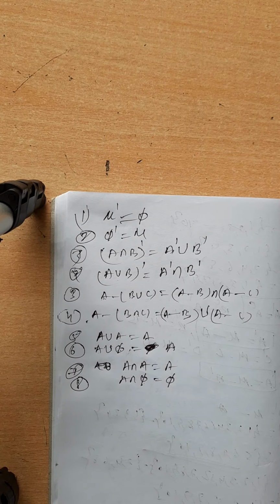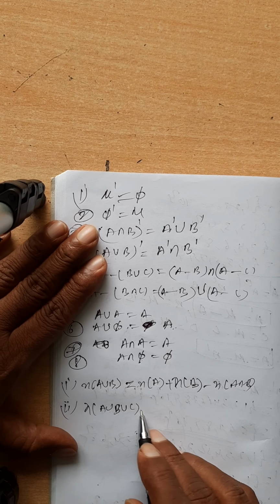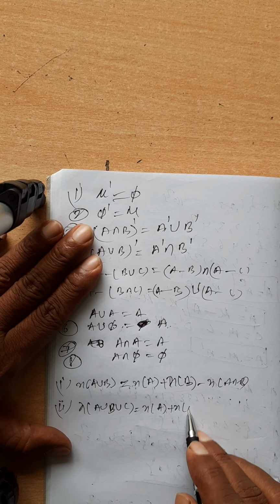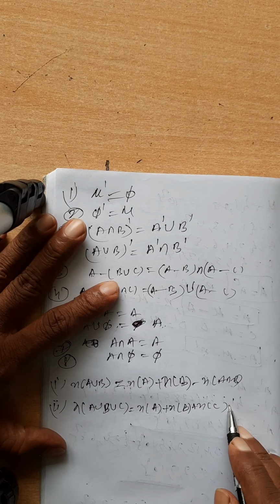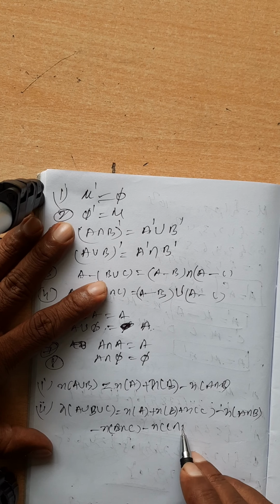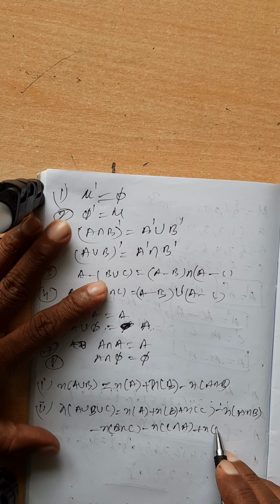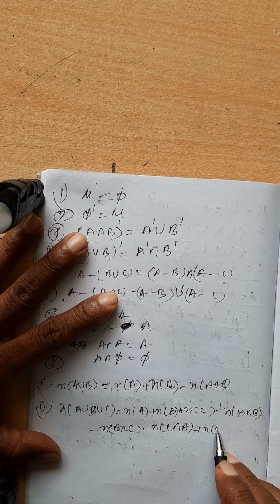If 3 sets are there, one more formula: A union B union C. You have to write number of A plus number of B plus number of C, minus number of A intersection B, minus number of B intersection C, minus number of C intersection A, plus number of A intersection B intersection C. So single sets are with plus sign, double intersections are with minus sign, and triple intersection with plus. These 2 formulas are there.